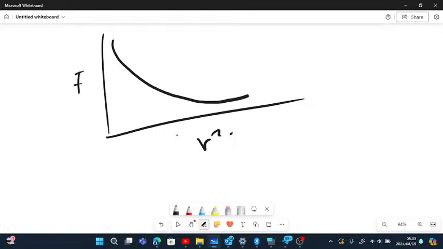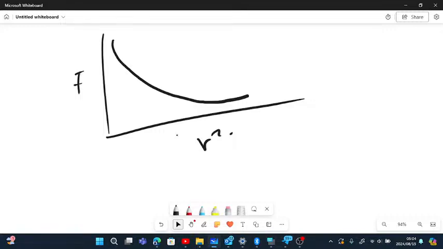The other concept that we can express in this case is that Coulomb's law is actually similar to Newton's law of universal gravitation. So what are the similarities and the differences? They're similar because they both involve the product of the quantities and are inversely proportional to the square of the distance.